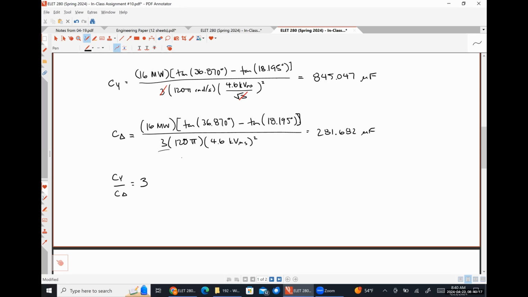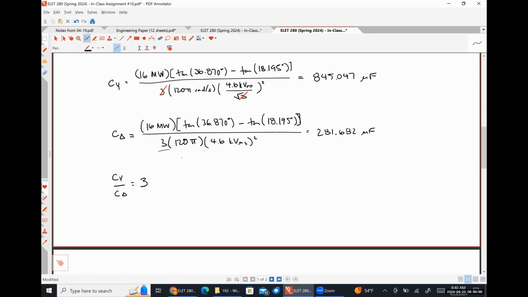However, I want you guys to pay a bit of attention here, because typically speaking, the impedance of a delta connected load is divided by 3 to get our Y connected load, right? We're not dealing with impedances here. We're dealing with the capacitor values, because we know that the impedance of a capacitor is inversely proportional to the capacitor value.